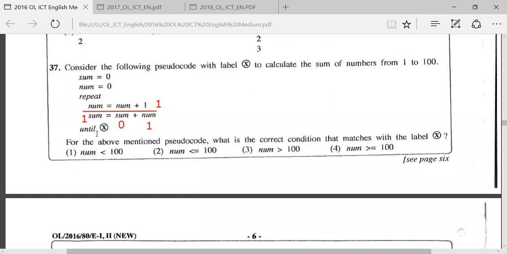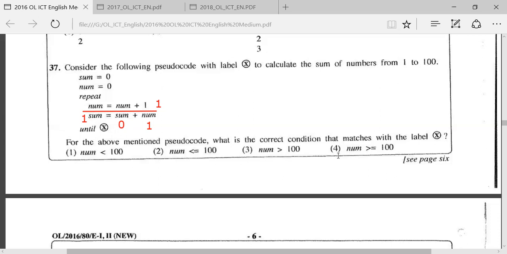So until part, when the condition is false, it will be executed. If the condition is true, exit from the loop. So when num is getting 100 as the value, we have to stop.